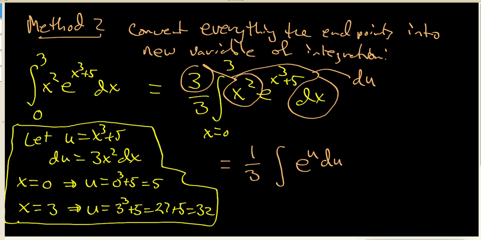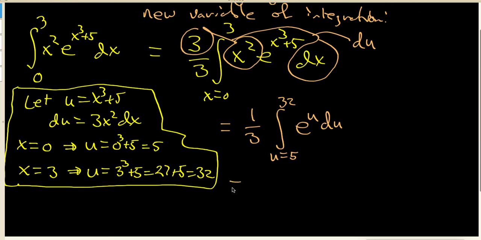Now what I want to do is use the fact that when x is equal to 0, u is equal to 5. So I replace the lower endpoint, from x is equal to 0, with u is equal to 5. And I replace the upper endpoint, x is equal to 3, with u is equal to 32. So my new integral is going from 5 to 32. Instead of x goes from 0 to 3, u goes from 5 to 32.